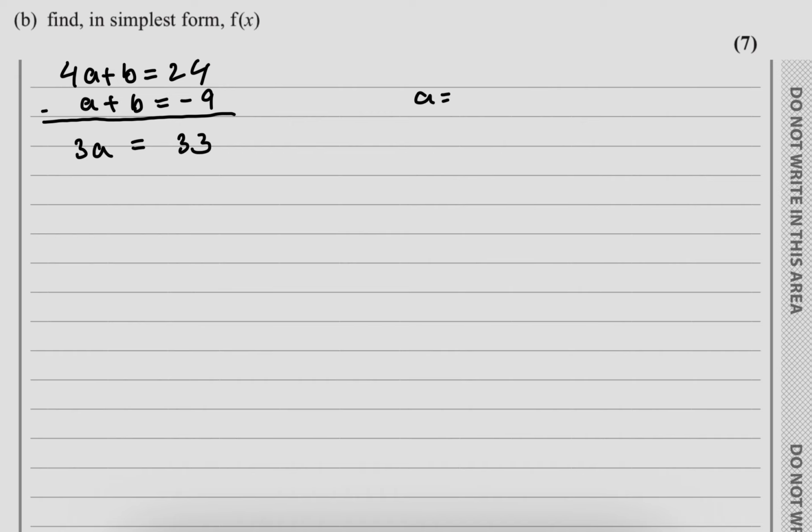So a is equal to 33 over 3, which should give us 11. And then we just use any equation that we already have. Let's just use this one. So minus 9 minus a should give me b. Minus 9 minus 11, we get minus 20. So b is equal to minus 20.